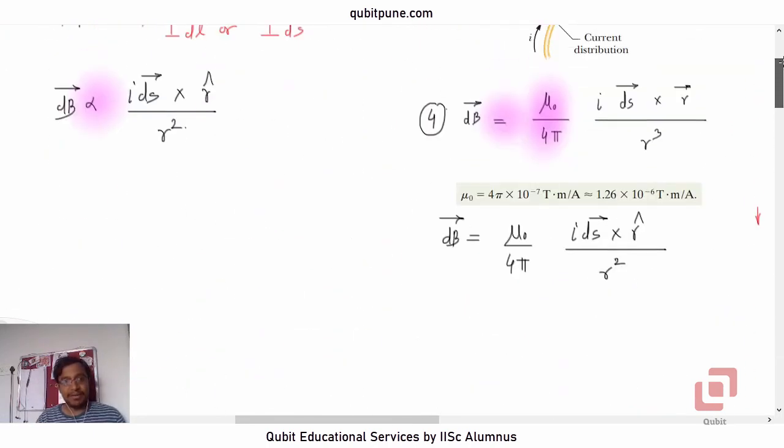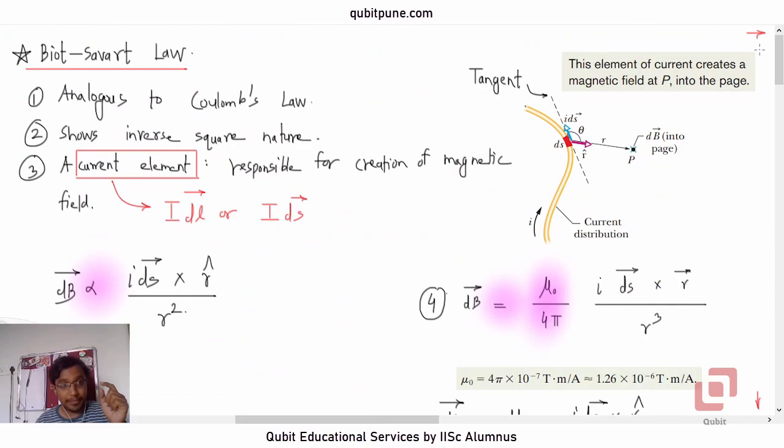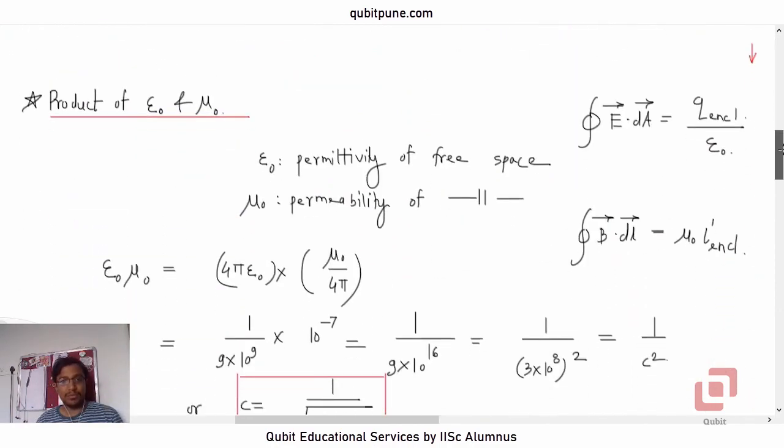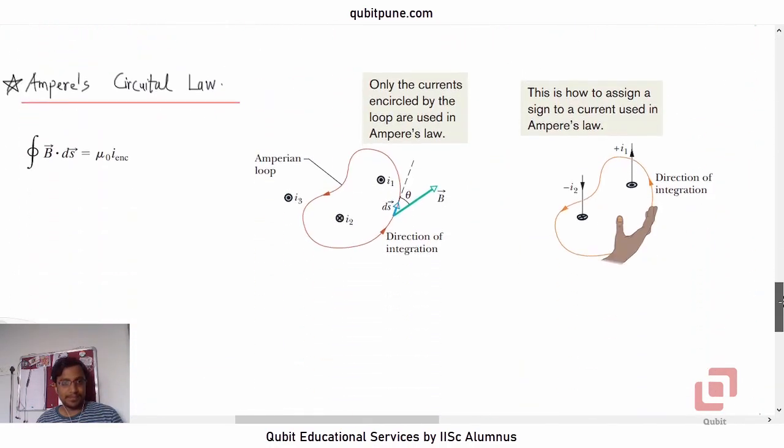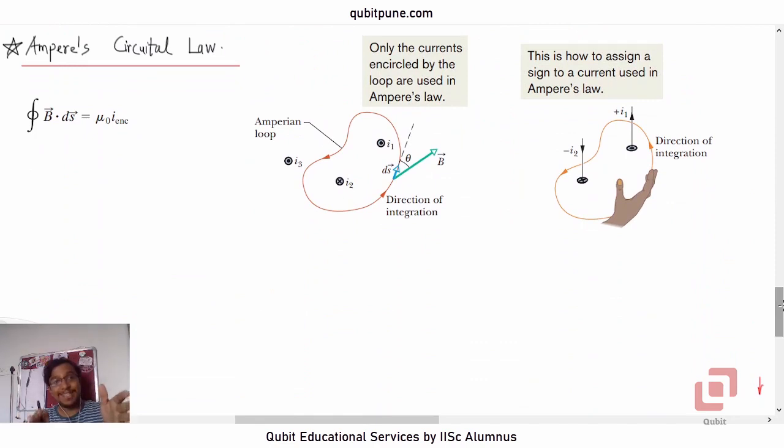Just like Biot-Savart law was analogous to Coulomb's law, this is analogous to Gauss law. Although there is a separate Gauss law of magnetism, I want you to refer to Gauss law in electrostatics.